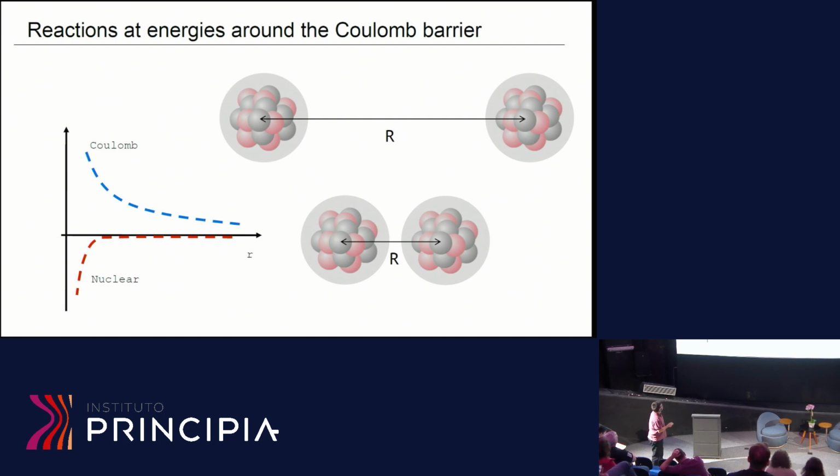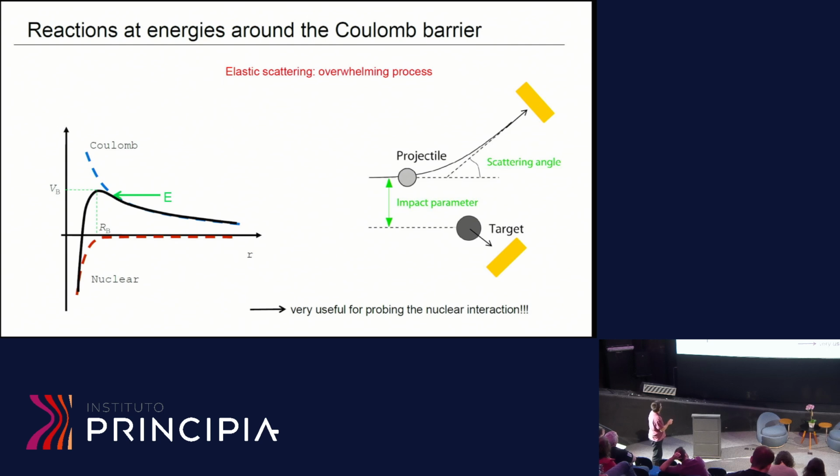Of course, when these two nuclei are very far apart, we only have the Coulomb interaction, but when they get together, the nuclear interaction starts to pop up. If you add these two, and just forget the centrifugal potential, for instance, then we have what we call the Coulomb barrier, and we are most of the time with energies around the top of this barrier.